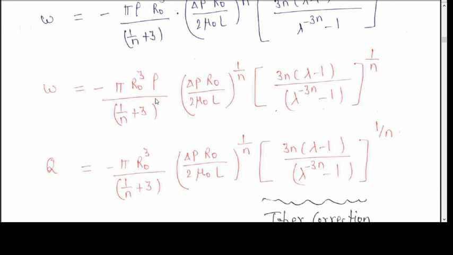Now we can write this in terms of volumetric flow rate, because mass flow rate divided by density becomes the volumetric flow rate. So from here to here, we have just divided the equation by density.